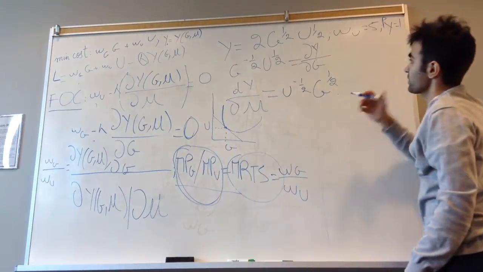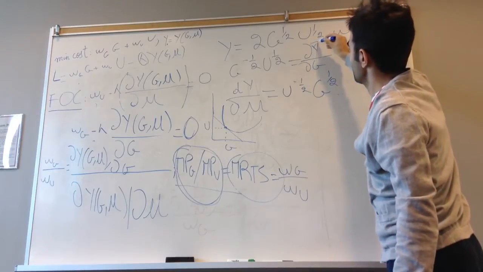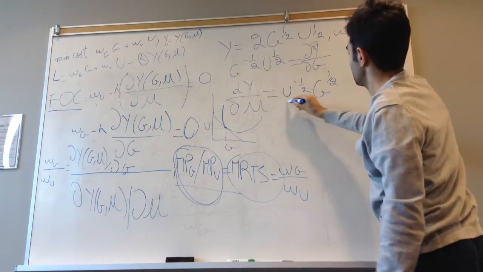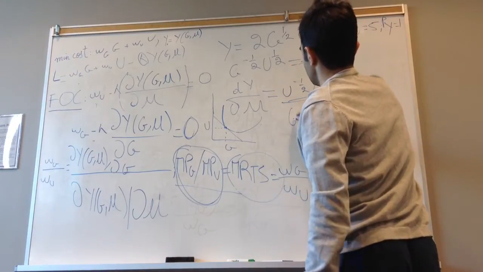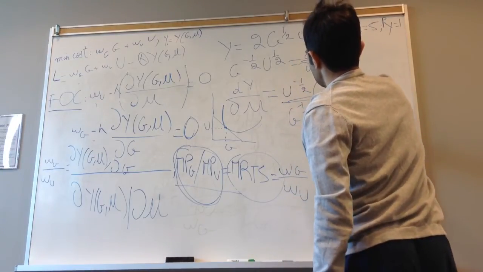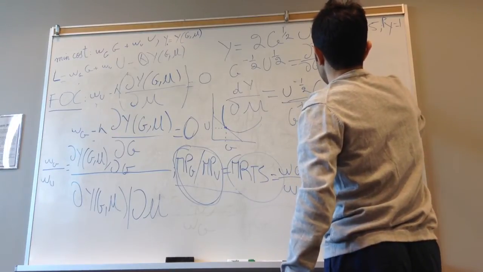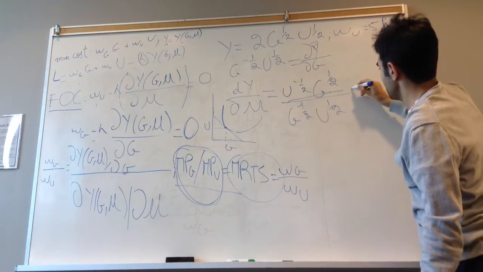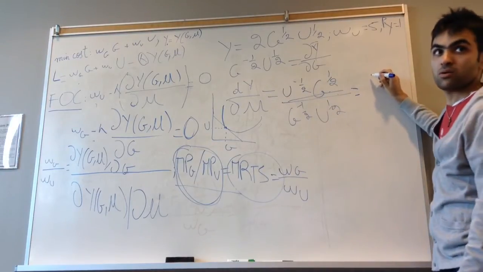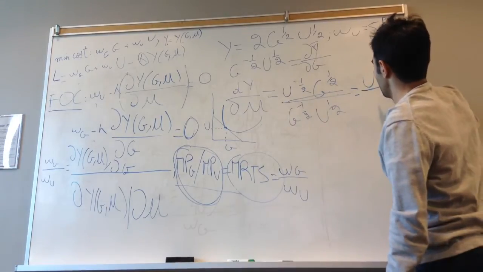So this over this, G to the minus half times U to the half, which would equal, let's say, U over G.